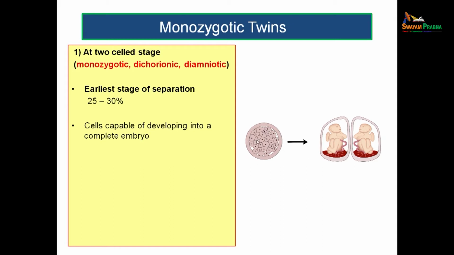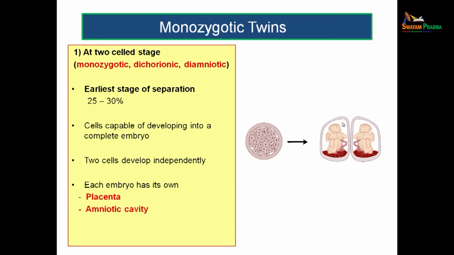So, that will be similar to that of a dizygotic twin. Two groups of cells will develop independently and they will form monozygotic twins. As a result, each embryo will have its own placenta, its own amniotic cavity and its own chorionic cavity.